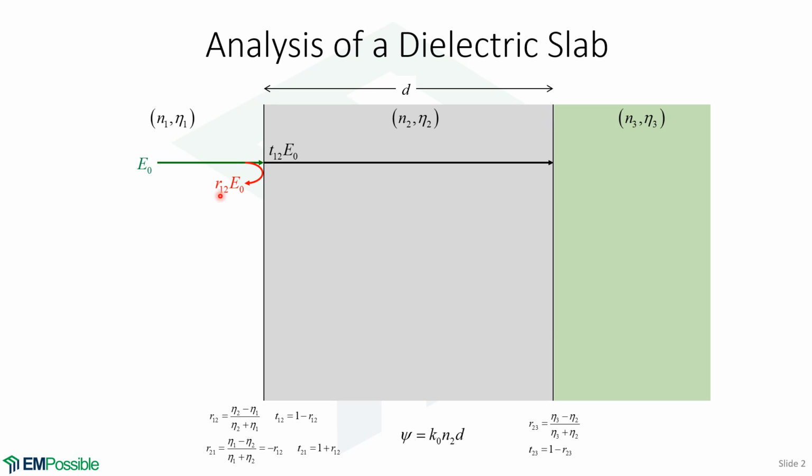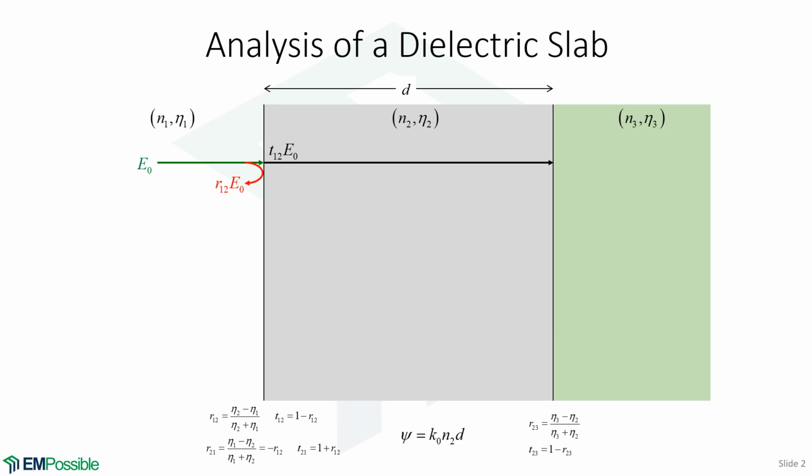So remember, this R12 E naught is really the amplitude of the field immediately at this interface. And even though I'm showing it a little bit of distance away, it's immediately against the interface, but in medium 1. Likewise, this term T12 E naught is immediately at the interface, but on the medium 2 side. And so it has a starting amplitude of E naught, but we multiply that by a T12, the transmission coefficient.